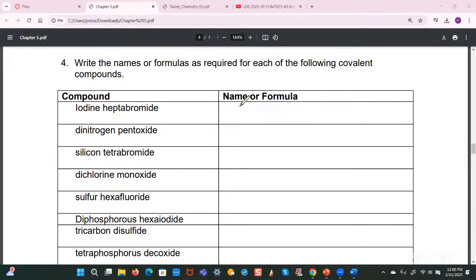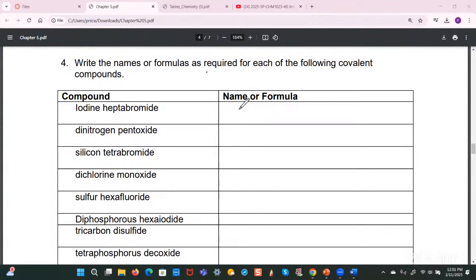What's the formula for iodine? Folks, this is not too hard.